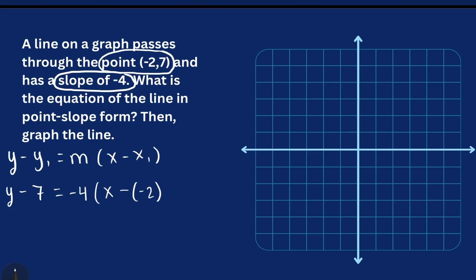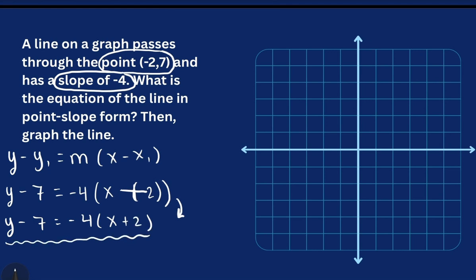Because since our x value is -2, we have to show that we are doing minus a negative. And what happens when we do minus a negative? Well, it becomes positive. So now I'm going to rewrite this to show that it's y minus 7 equals -4, and instead of minus -2, I'm simply going to write x plus 2. And this is my point slope form.